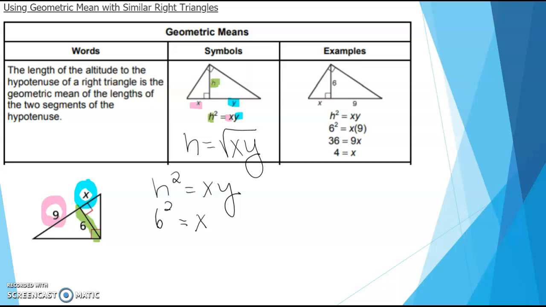X stays x, and y is 9. 6 squared is 36. 9 times x is just 9x. And to get x by itself, we are going to divide by 9 to get your x value equals 4.